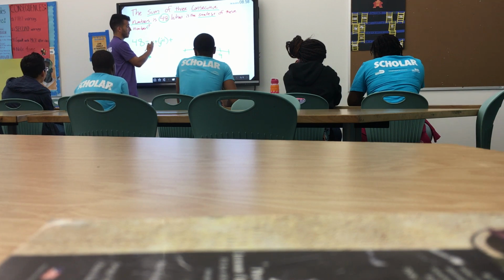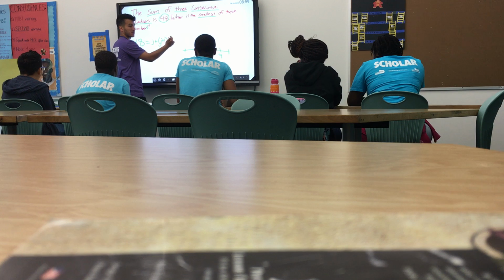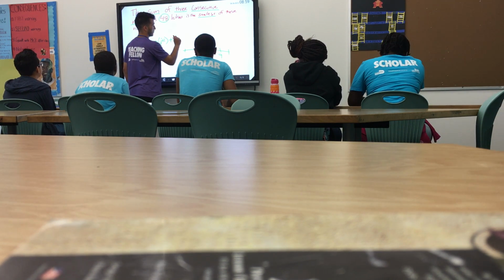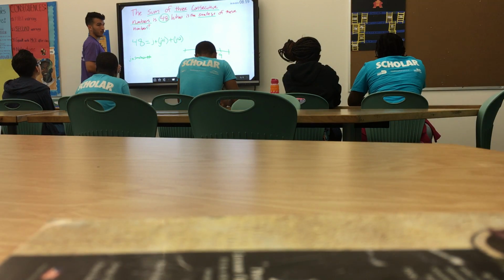So if I have J, then the number after it is J plus 1, and then J plus 2. J plus 2. You all understand that?